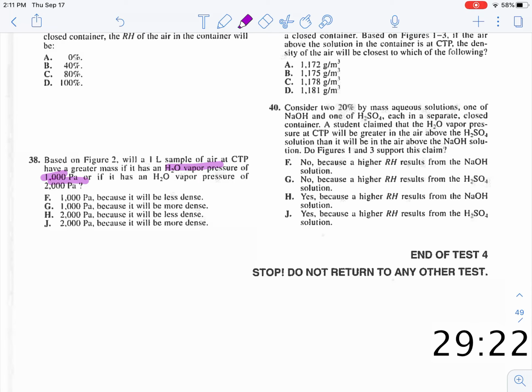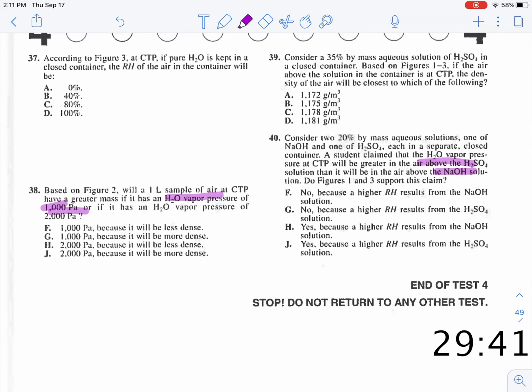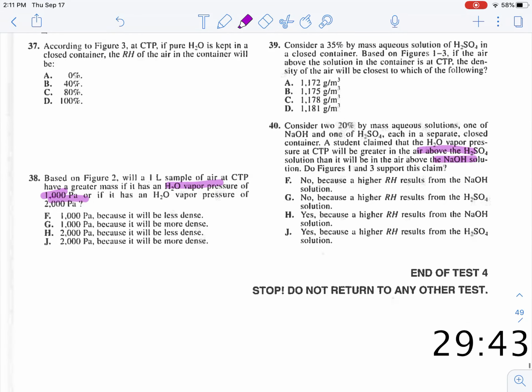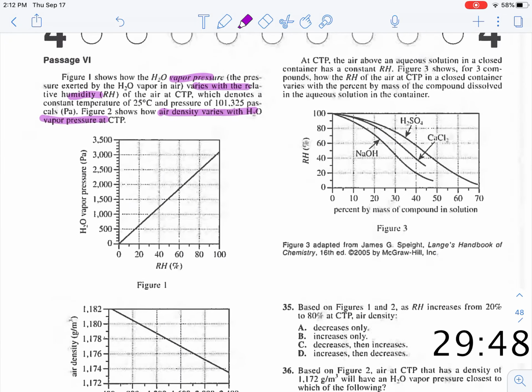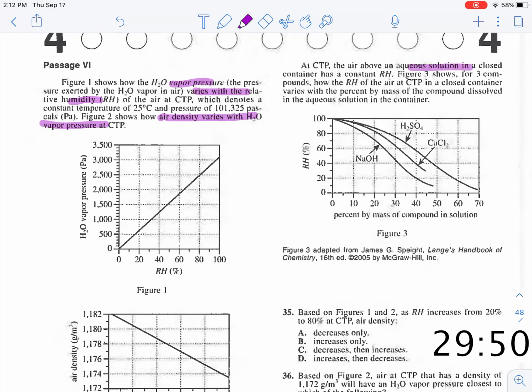Cool. Consider two 20% biomass aqueous solutions in a separate H2O vapor. Whoa. Vapor pressure will be greater in the air above that, and it will be in the air above that. How do we, does that say that anywhere? Oh, okay, at CTP, the air above an aqueous solution has a constant relative humidity.